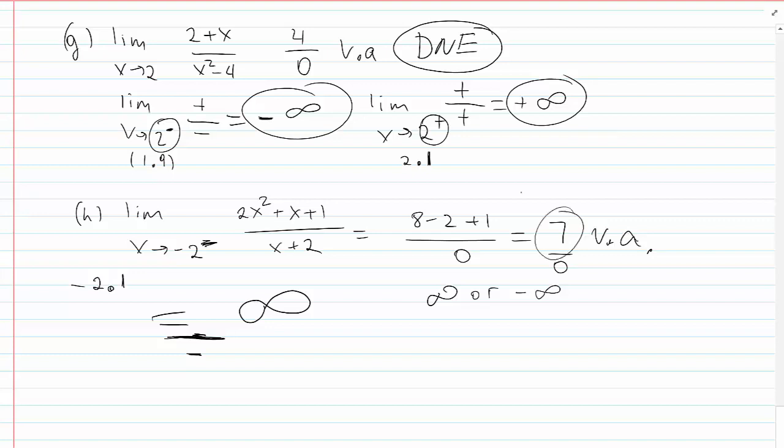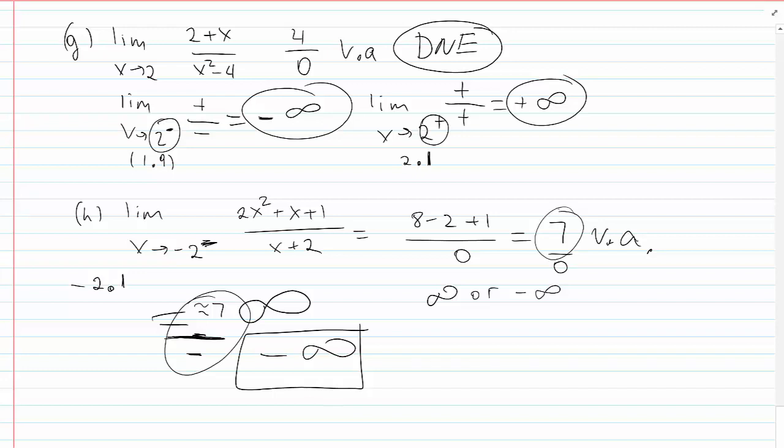I know it's going to be close to 7, so that's not a concern. The numerator is going to 7, it's not going to 0, so I don't really need to plug it in there. I know it's going to be close to 7, but the denominator is negative. If you take something that's close to 7 and divide by something small and negative, then the result is a negative number. So the answer will be negative infinity here, not positive.